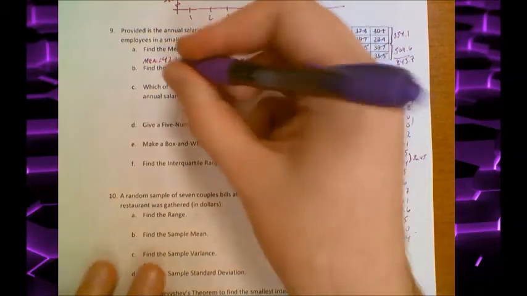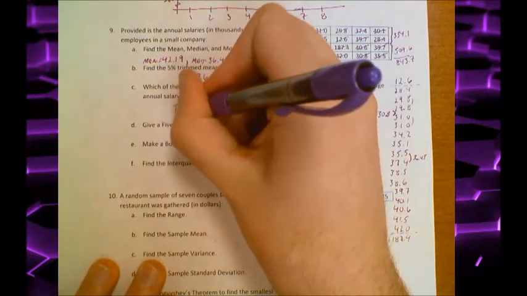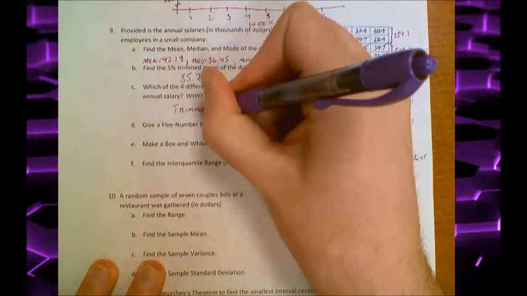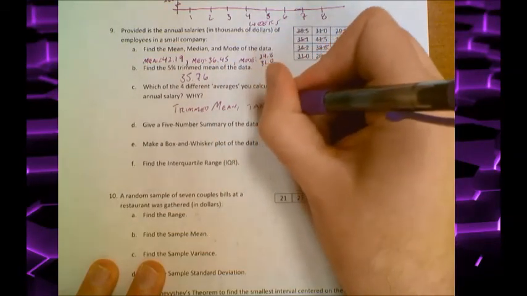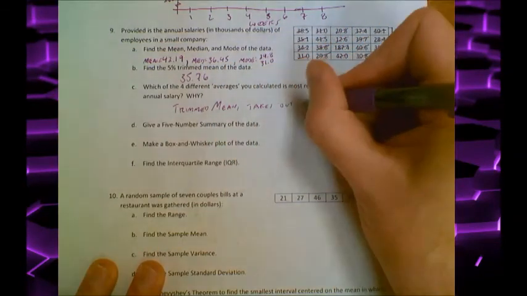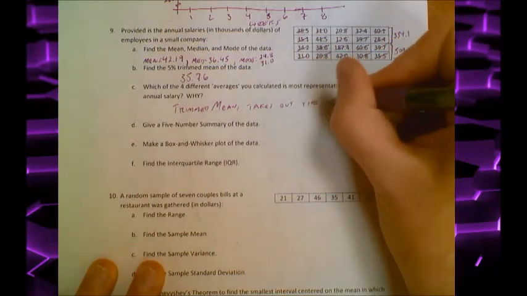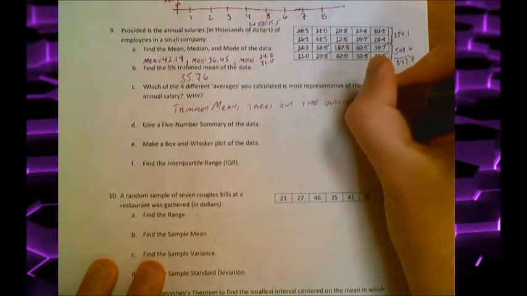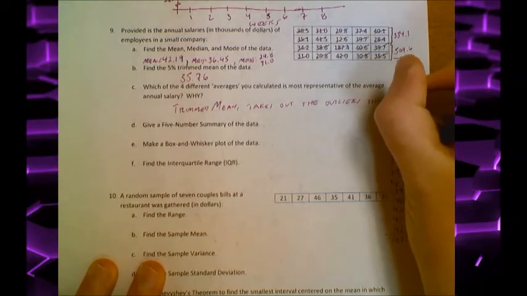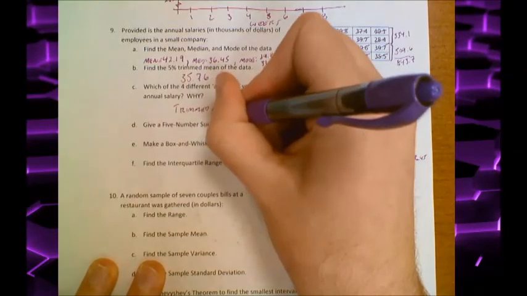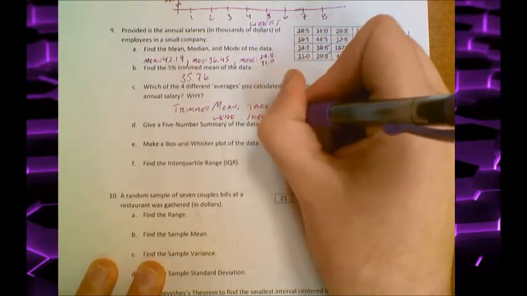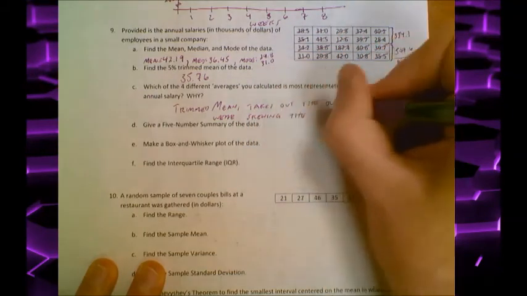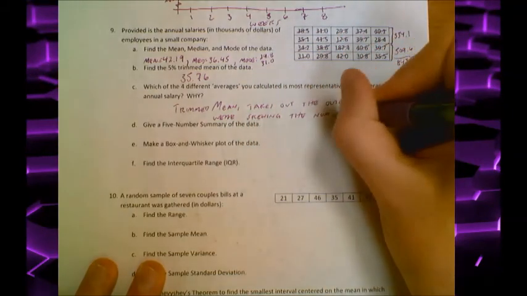So I'm going to say the trimmed mean because it takes out the outliers that were skewing the numbers or the data.